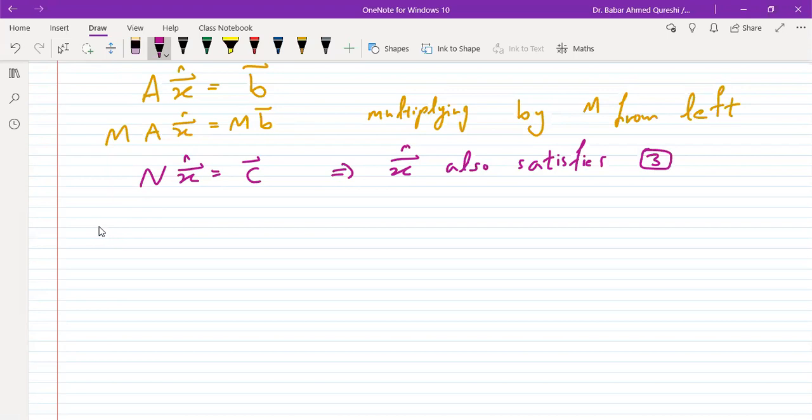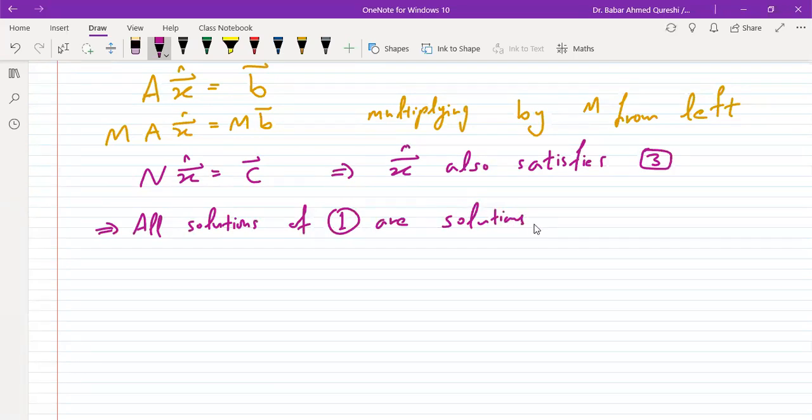Also, because it was an arbitrary solution, that means all solutions of 1 are solutions of 3 as well.